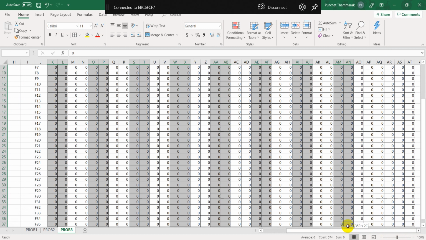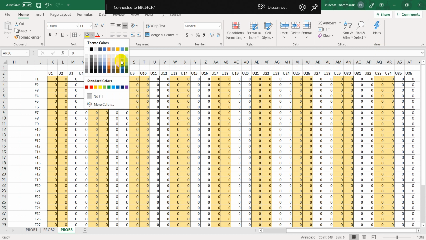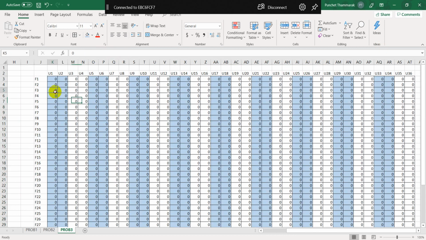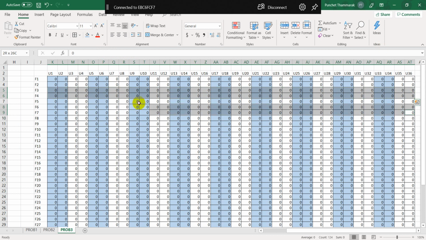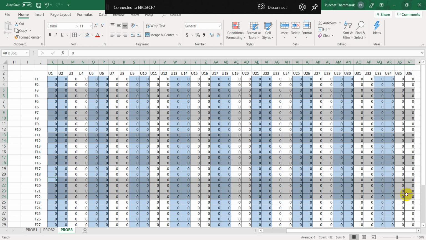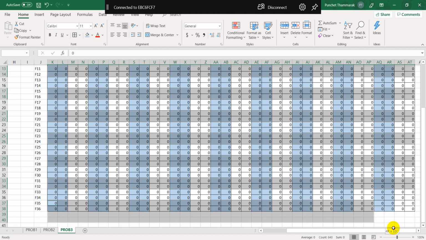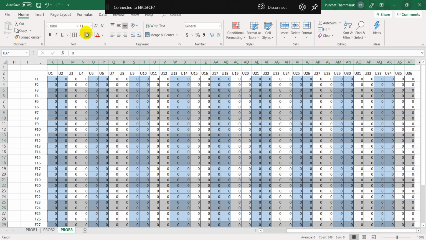Should it be white? Yeah, I think it should be just white.